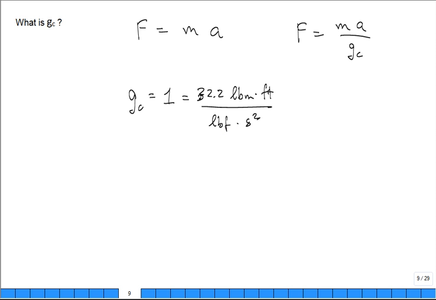True. You're ahead of me. Your brain is working. True? So anyway, sometimes people will see that G sub C and they'll say, well, that's equal to G.